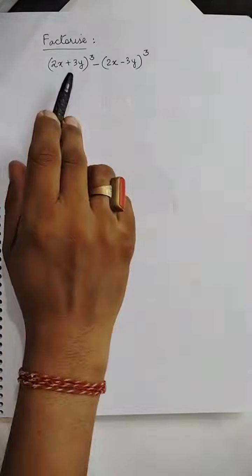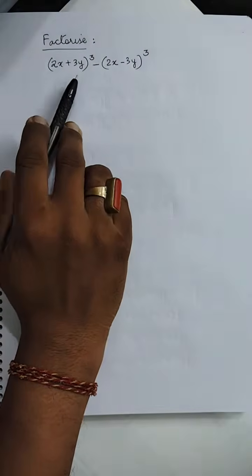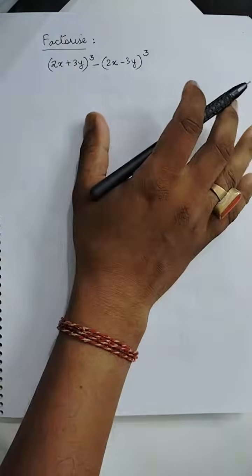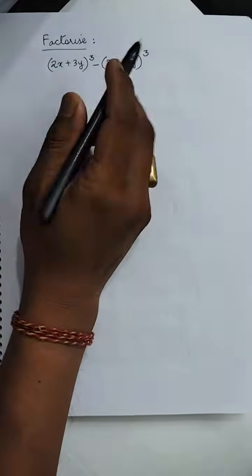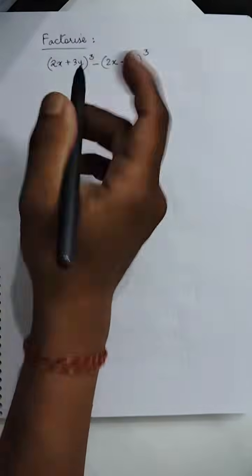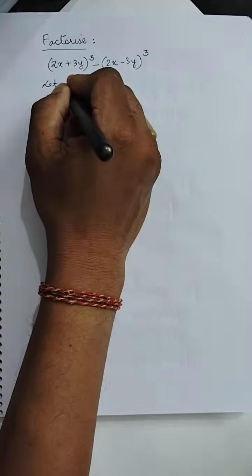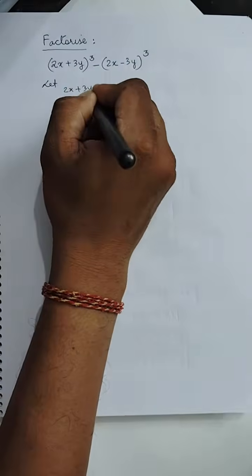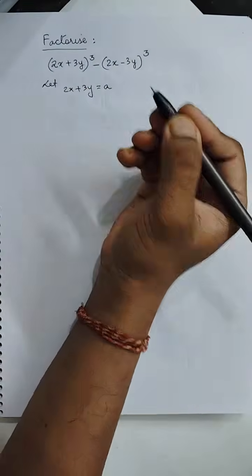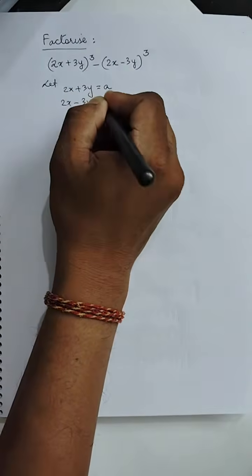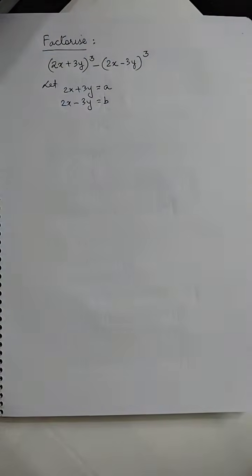Okay, now if we go about it like this, our question will be very long, it will become very big, because you can just imagine how big it is going to be, right? So what we will do is make it a little bit smaller. Let 2x plus 3y equal a, and 2x minus 3y equal b.